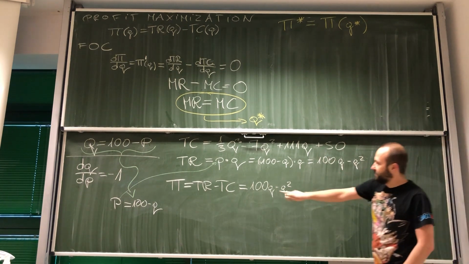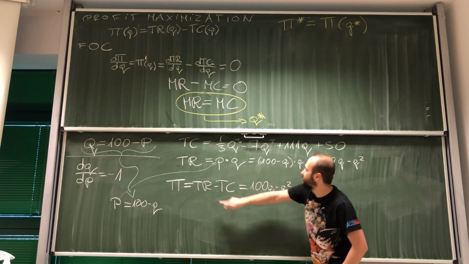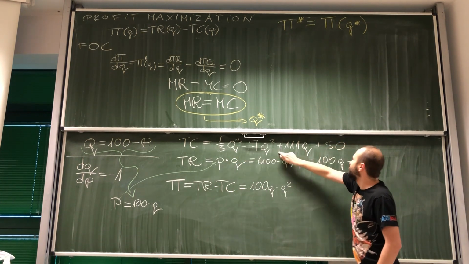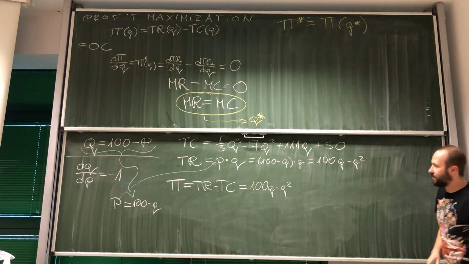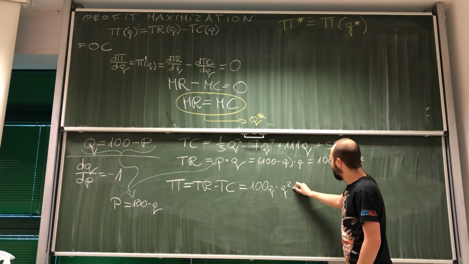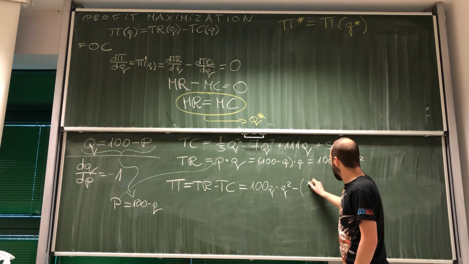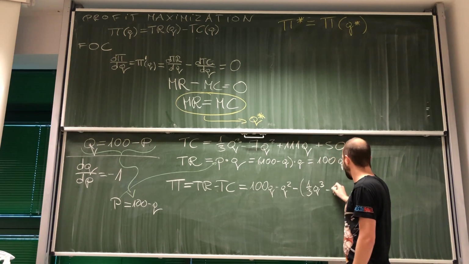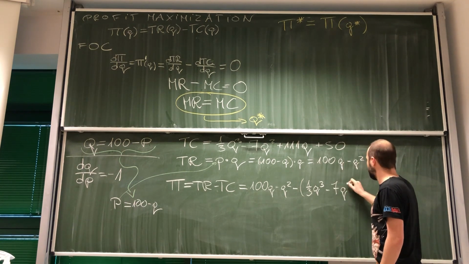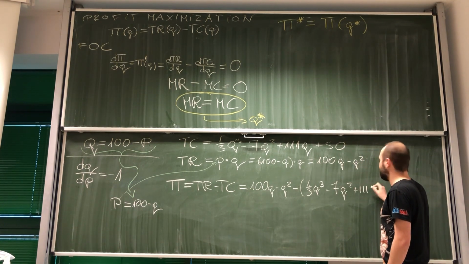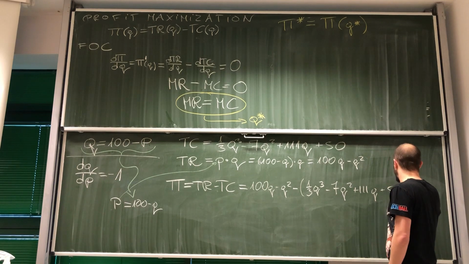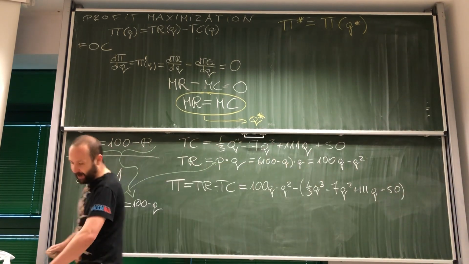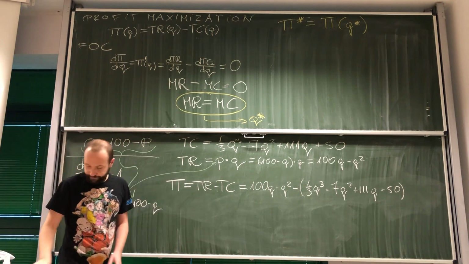Remember, minus is in front of the entire total cost. So we need to change the sign in front of every component we've got over here, right? Because look, we can imagine it like minus 1/3 q cubed minus 7q squared plus 111q plus 50. But of course, we get rid of the parentheses over here.